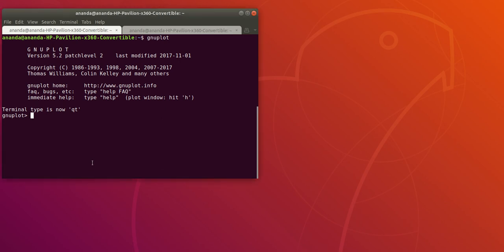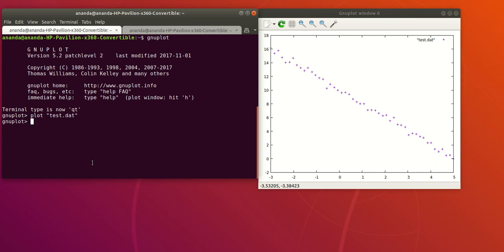And just to remind you, if I were to plot the data in that file, I would say plot followed by name of the data file within quotes, and this is what the data file would look like. Now I don't like the plus marker that is used for the data file points by default, so I will change over to a marker which I do like, which is point type 7.